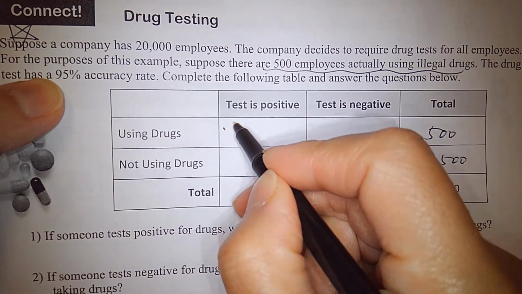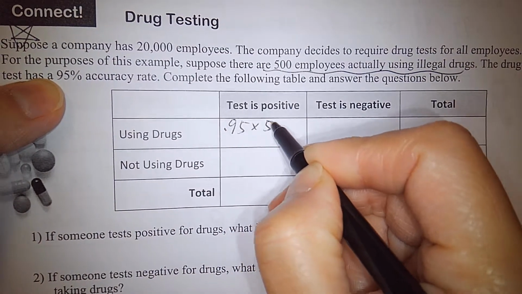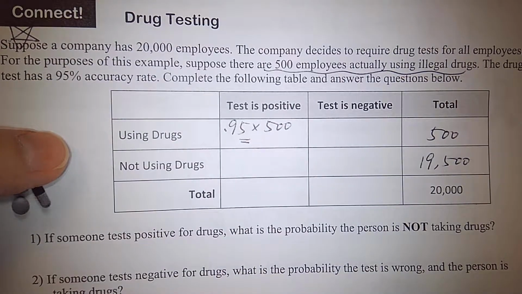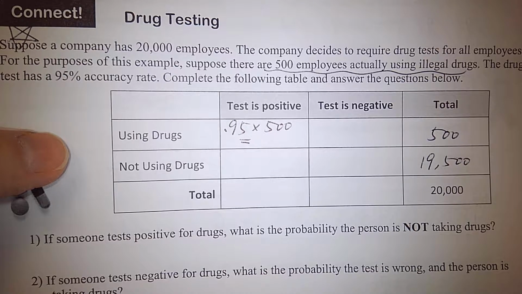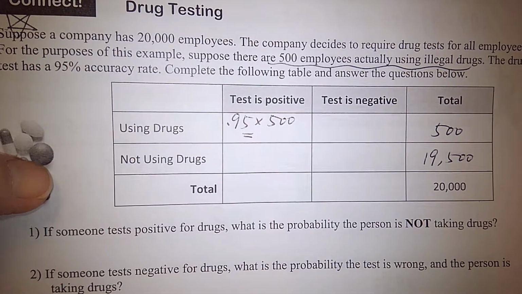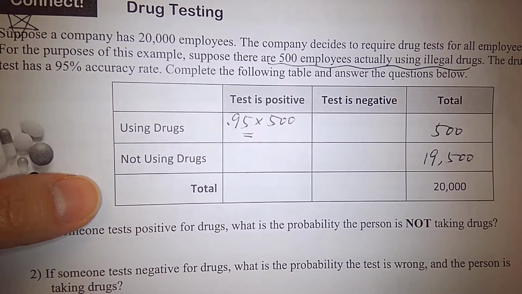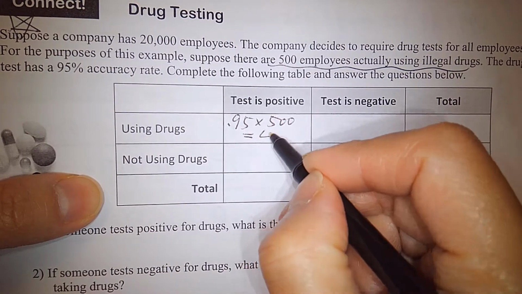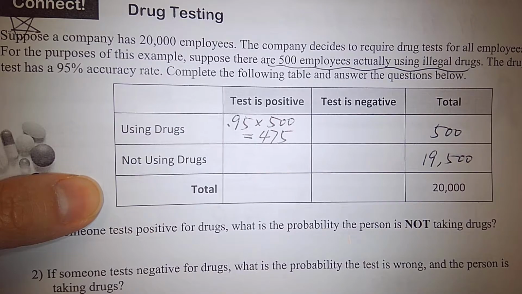So I would say 0.95 times what? 500. You get a number? 0.95 times 500, I get 475, right?